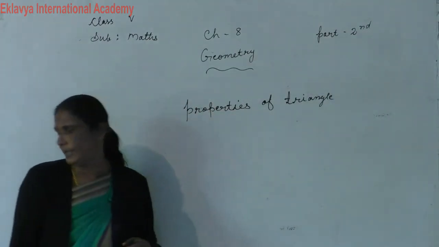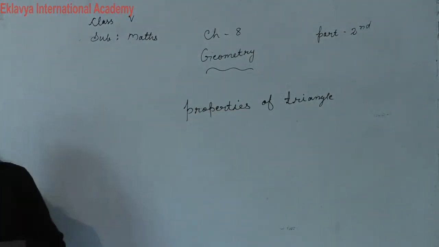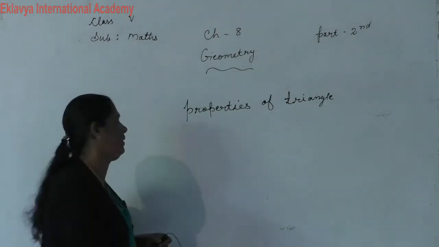Properties of a triangle. The sum of all the interior angles of a triangle.